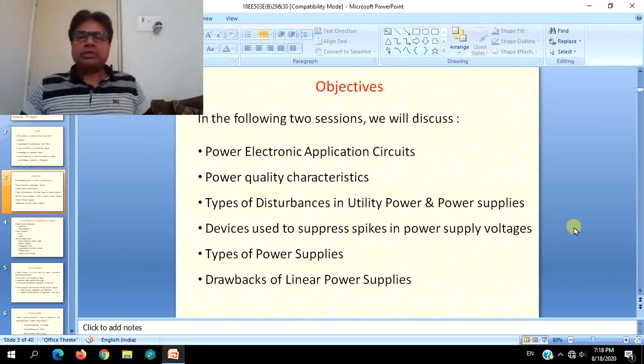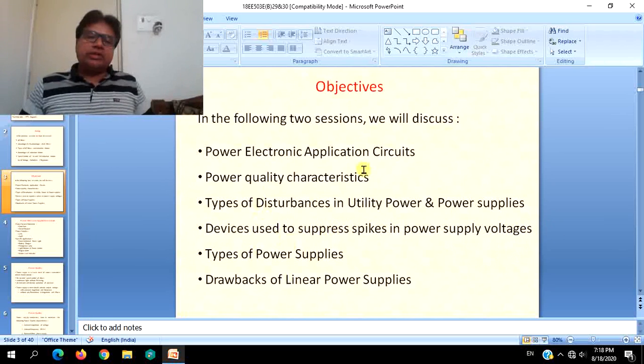For that purpose, special focus will be paid to avoid these disturbances, and that is what we are going to discuss in this session. Devices used to suppress spikes in power supply voltages.